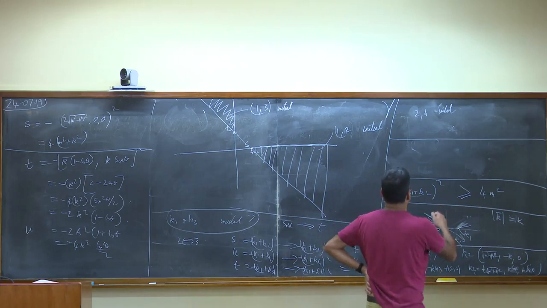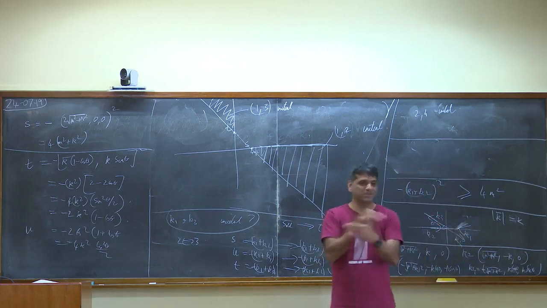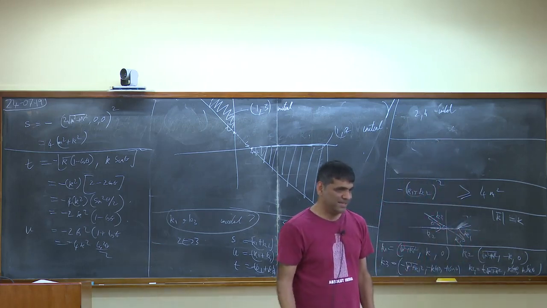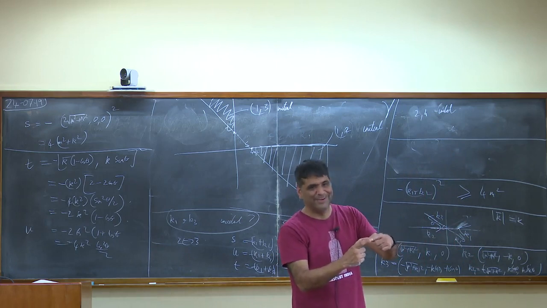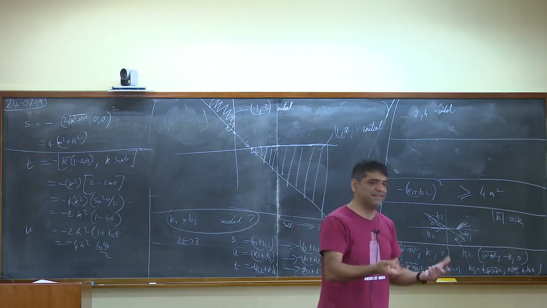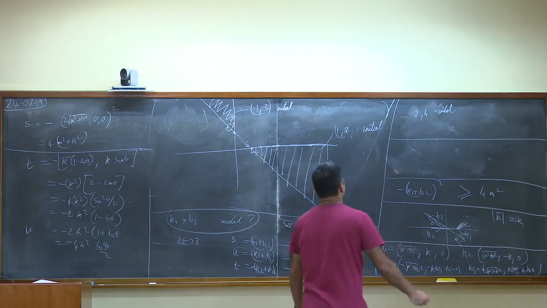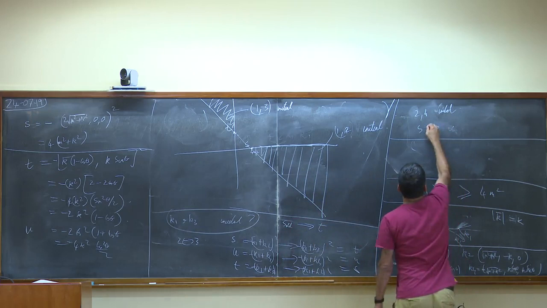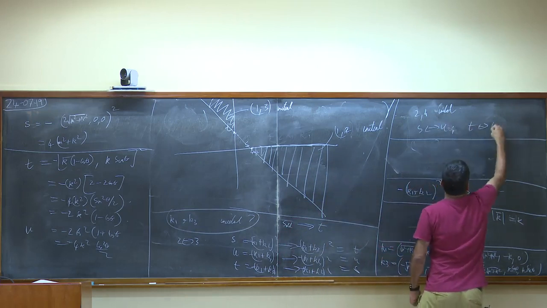So now this is obvious. S goes to U, because k1 plus k2 will go to k1 plus k4, k1 plus k4 will go to k1 plus k2, and k1 plus k3 will just stay where it is. So S goes to U and T goes to T.